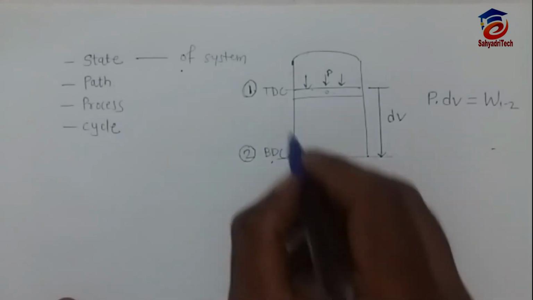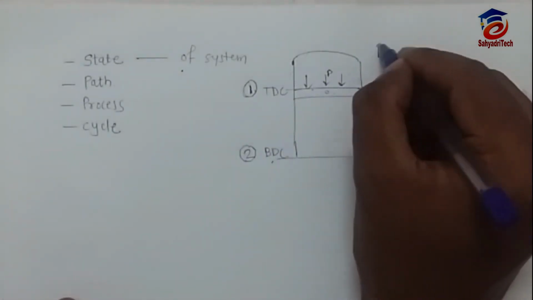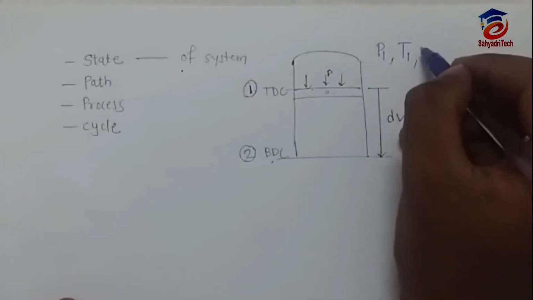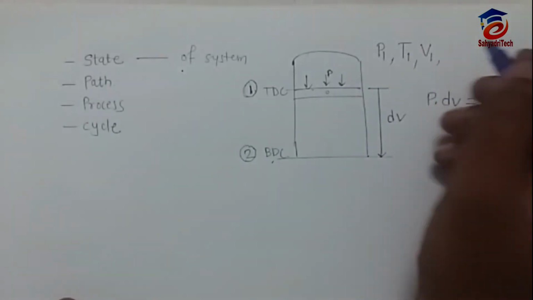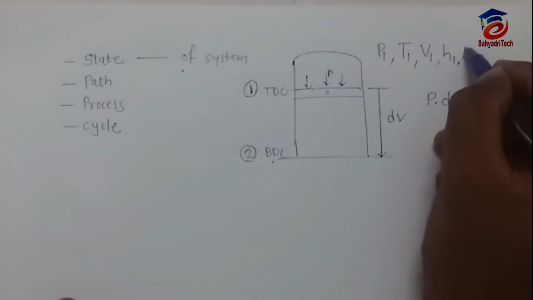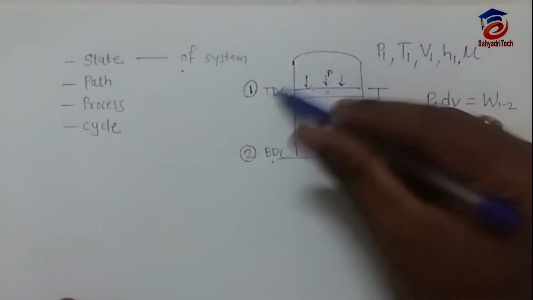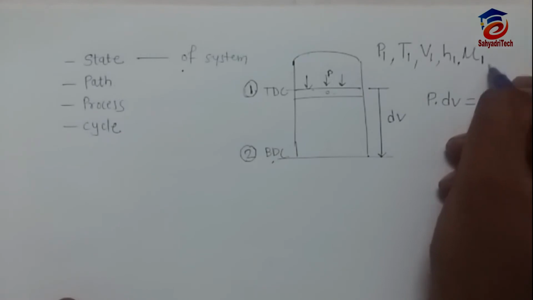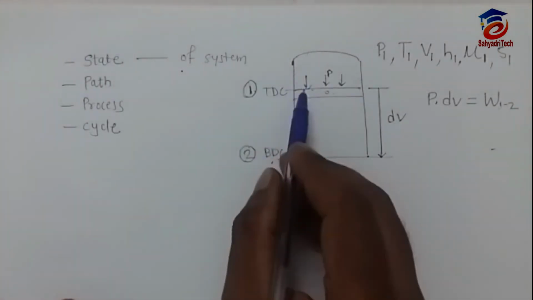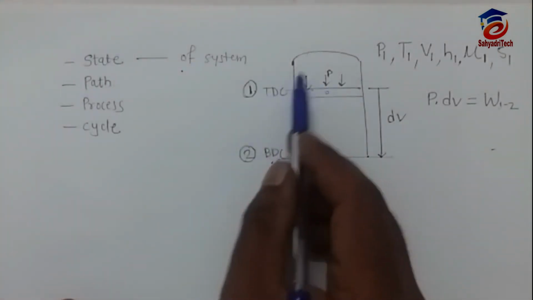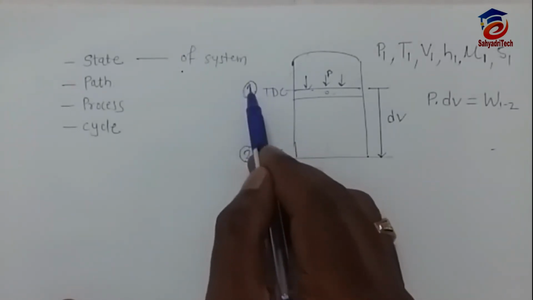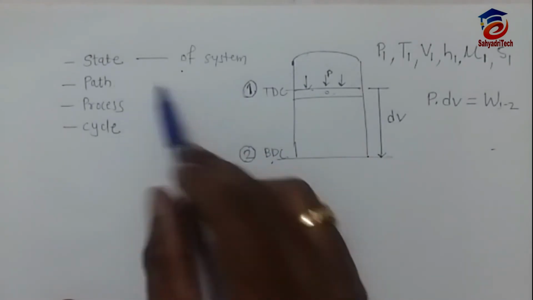At state 1 the pressure is P1, temperature is T1, volume is V1, specific enthalpy is H1, internal energy is U1, entropy is S1. This way we read various properties of the system, and we call it state 1. The position of the system is nothing but state 1.